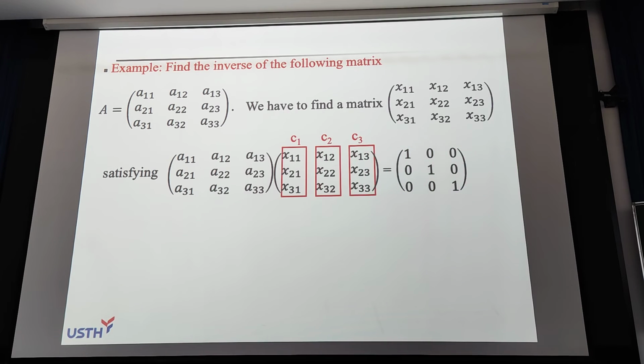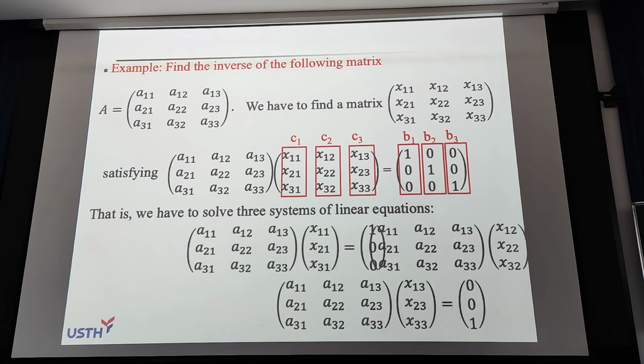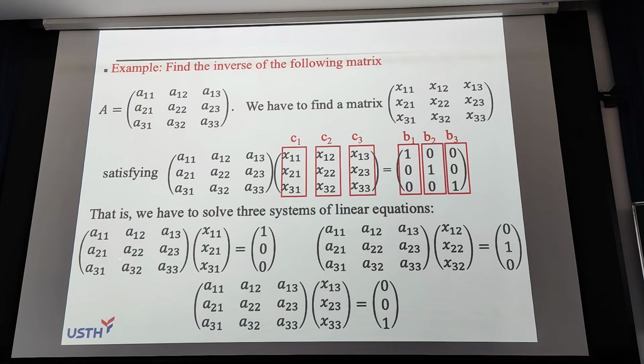Now we consider the columns of X by C1, C2, and C3. And we have the columns of the identity by B1, B2, B3. Then, if we multiply the matrices on the left hand side, what do you get? You multiply the matrix A by the first column C1, you get the first column B1 here.